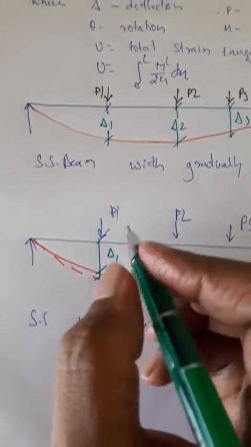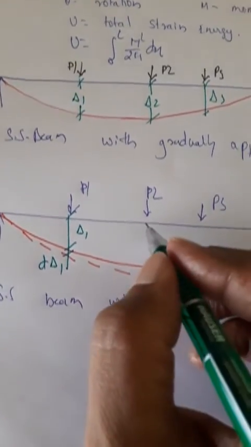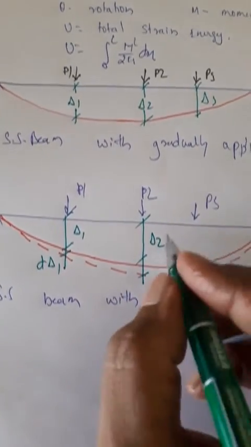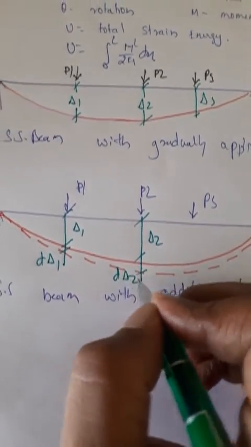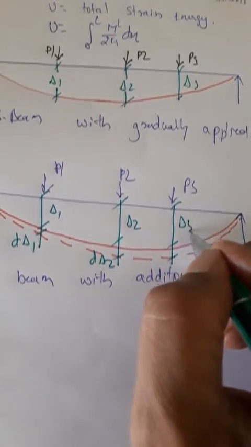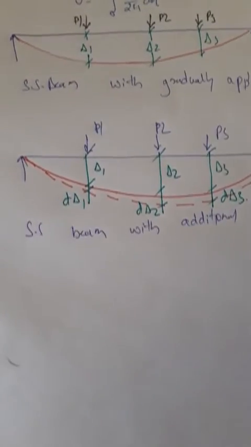If this is delta 1, this is d of delta 1 additional deflection, delta 2 with d of delta 2, delta 3 with d of delta 3. Now let us start with the derivation.